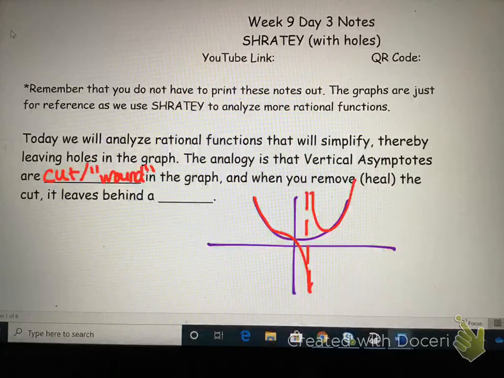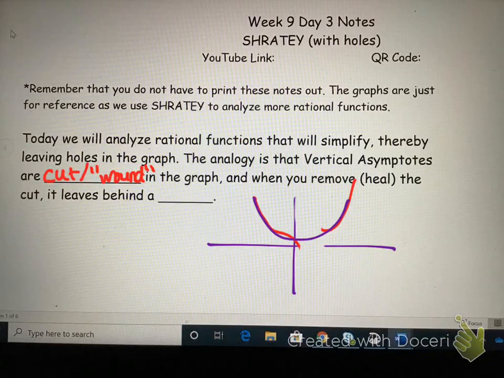When you have a graph that you are able to remove the vertical asymptote from, and so you are able to factor your equation and reduce it and make it go away, then it's essentially the result of healing that wound. And just like any other wound that heals, if you're able to heal the wound, then what it leaves behind is a scar where that wound would have been.